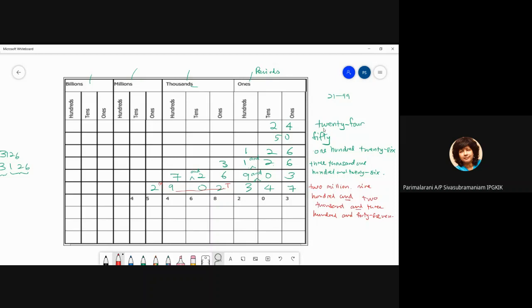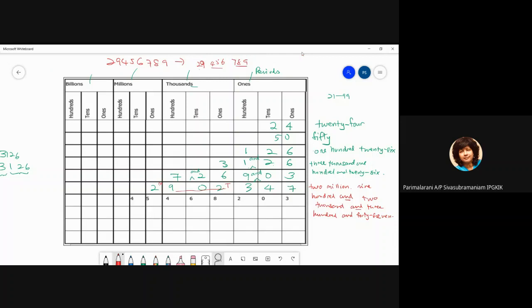So when you're given a large number like this, what is the first thing that we should do? We should divide this number into groups of 3. So now we can start reading.